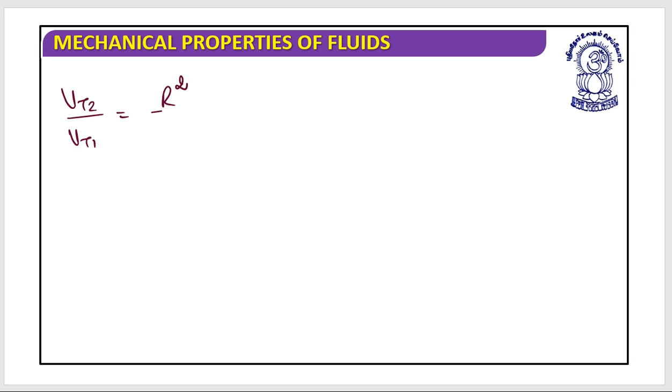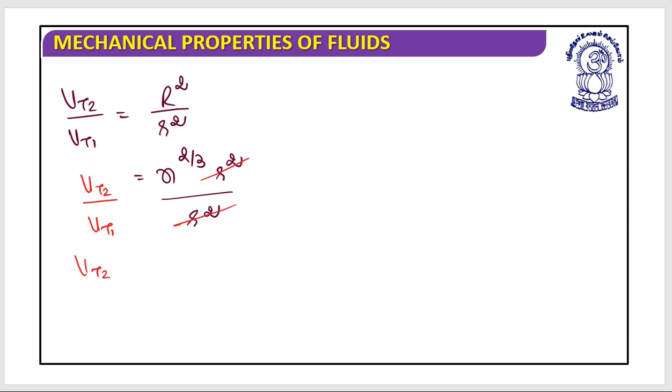This is equal to R square divided by r square, which is n to the power 2/3 into r square divided by r square, and the r square cancels out. Vt2 we don't know, and Vt1 is 10 meter per second.